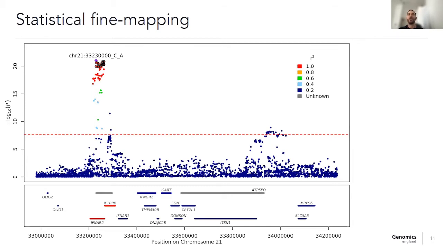And we used an approach that has a sparse prior Bayesian approach that can identify, as you see with the black circles around the signal. So you can see with the purple dot, the top variant, and then with red, green, and other colors, other variants that are in linkage disequilibrium with the top variant.